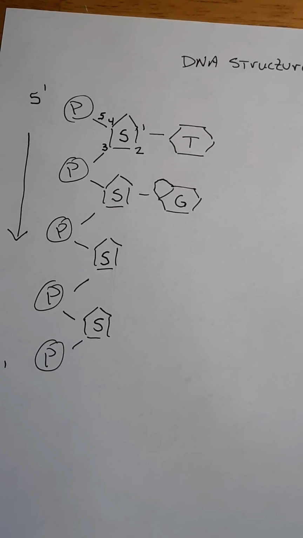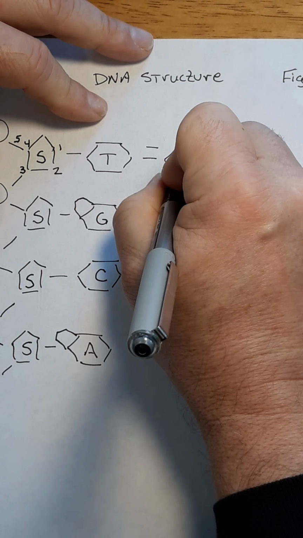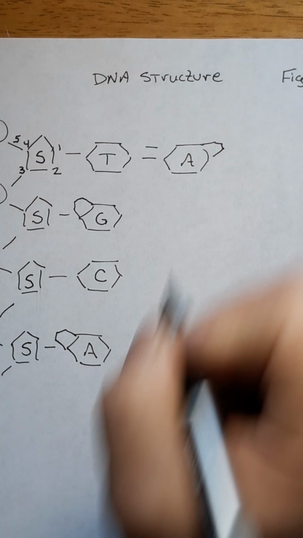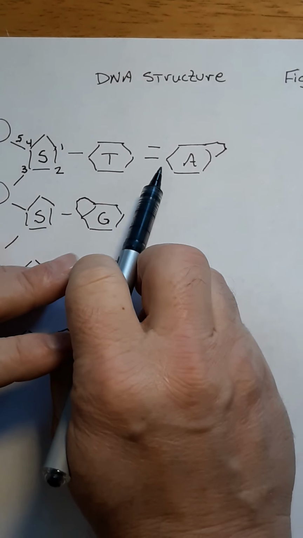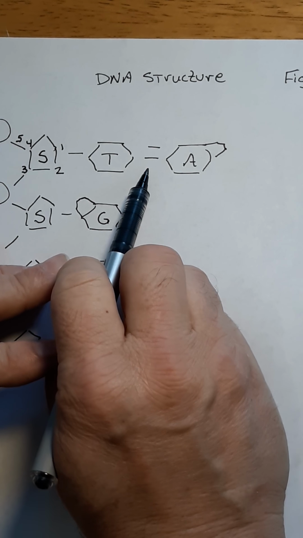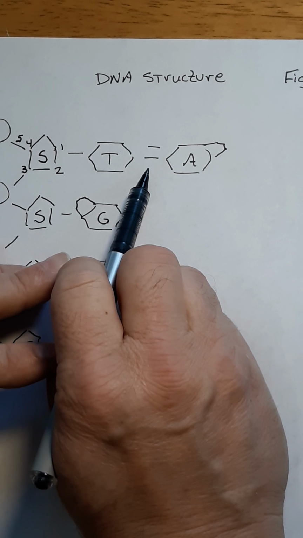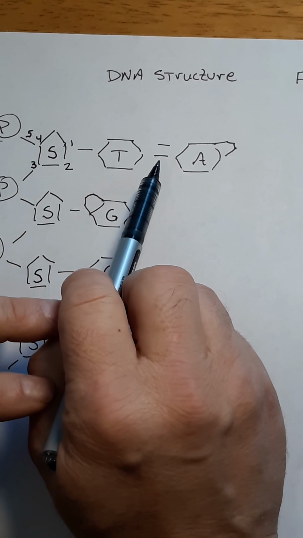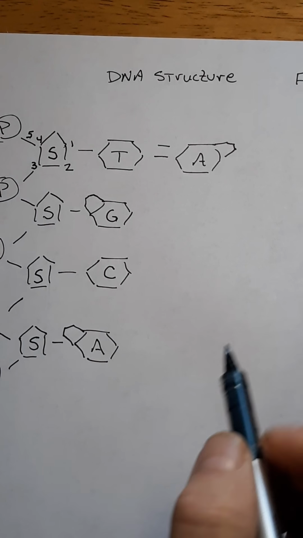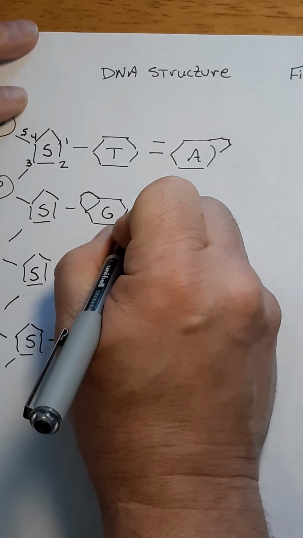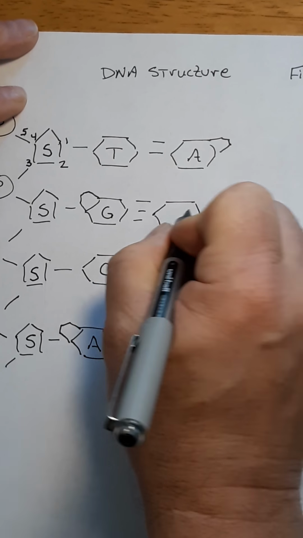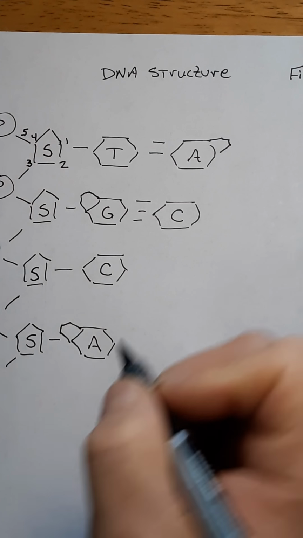Thymine always combines with adenine. And remember, adenine has that extra carbon ring associated with it. These two little bars represent hydrogen bonds, and they're important, and the number of hydrogen bonds is important. Between adenine and thymine, there's always 2 hydrogen bonds. Okay. Guanine pairs with cytosine.